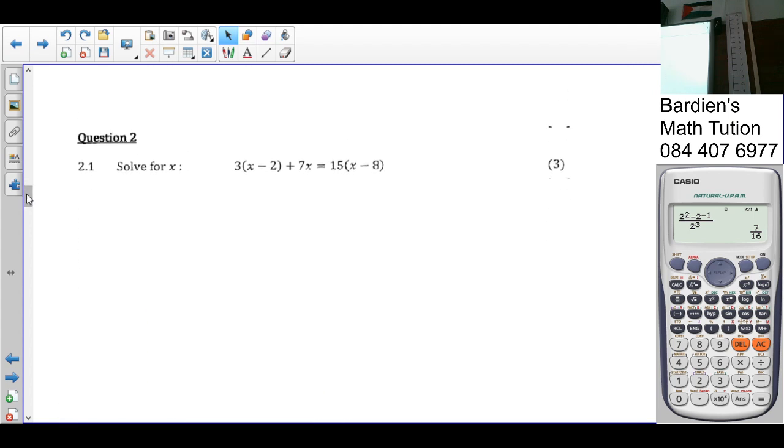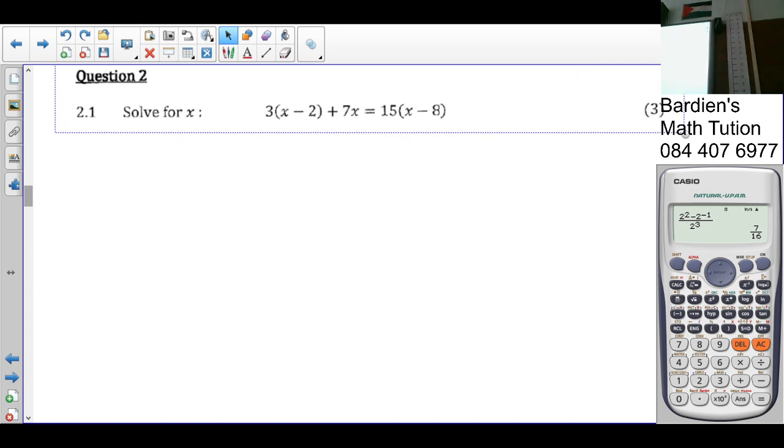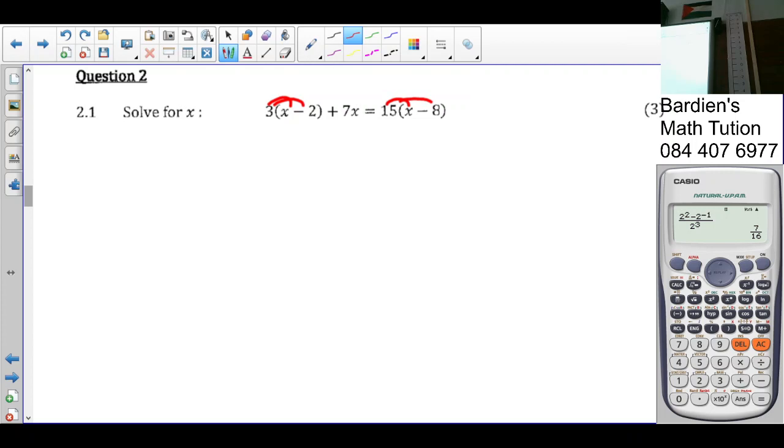We have space here so that we don't have to go far. The question says solve for x. Our favorite, no? You find out x. Right, let's go. Get rid of the brackets first. So what do we get? 3x plus 7x equals 15x minus 120.